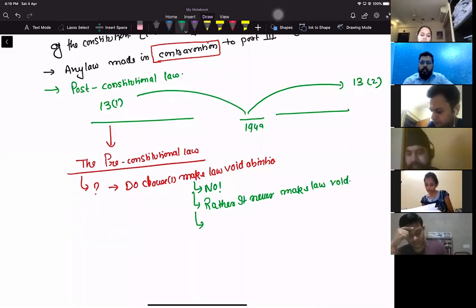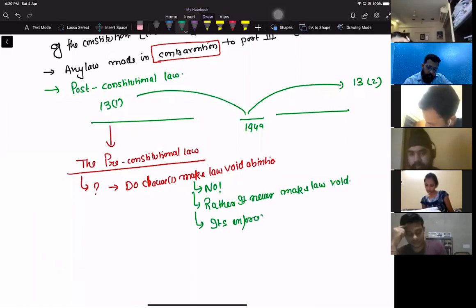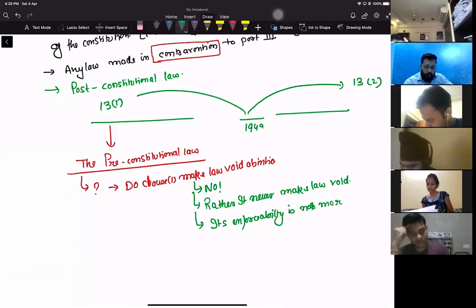It became unenforceable. It stopped being enforced after the fundamental rights came into force. Its enforceability is no more existing.